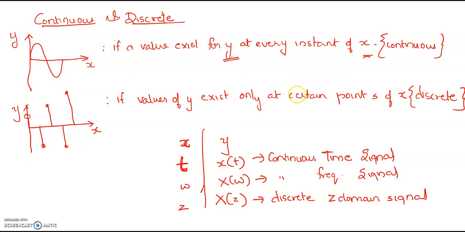Now when x and y take definite cases, like in this equation where t represents time, the corresponding y becomes x of t. So this becomes a continuous time signal and this becomes a continuous frequency signal, while in the z domain it is mostly in discrete form, so it will be a discrete z domain signal.